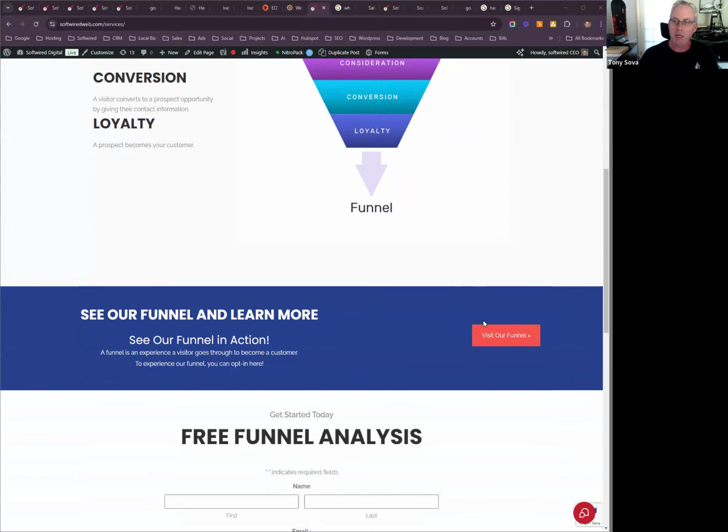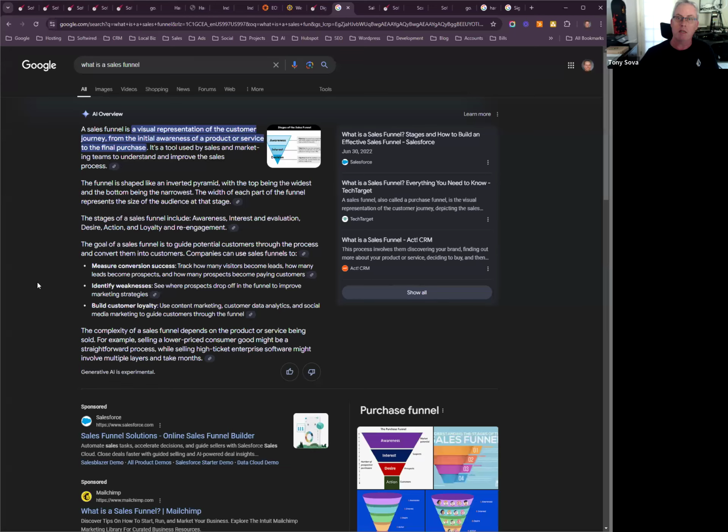So the difference between a website and a funnel, what it looks like on the outside, they're completely different things. If you Google what a sales funnel is, you can use Google or Gemini here. I did this, and Gemini basically said that a sales funnel is a visual representation of the customer journey from initial awareness of a product or service to the final purchase.